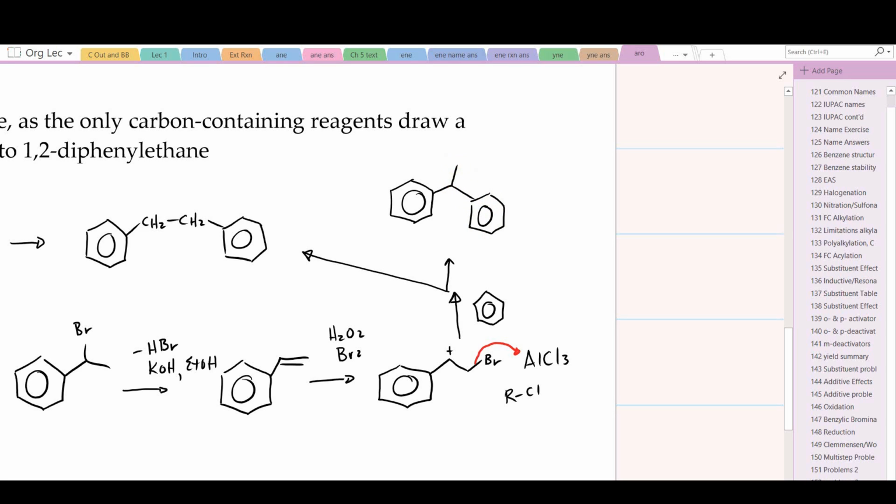Not quite what we're looking for. This in fact would be 1,1-diphenylethane instead of 1,2-diphenylethane. And that would be our major product. The product we're looking for is actually a minor product.